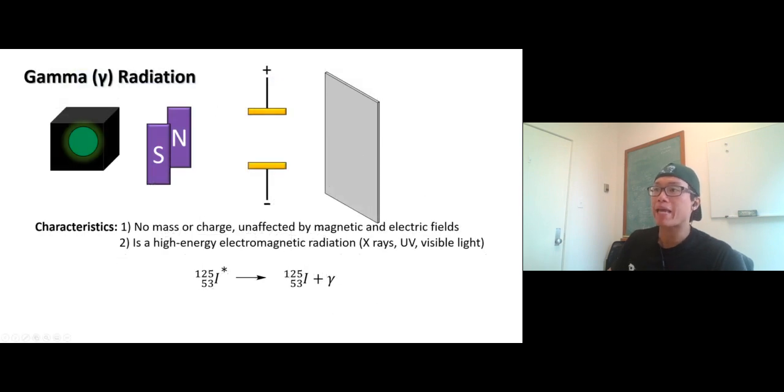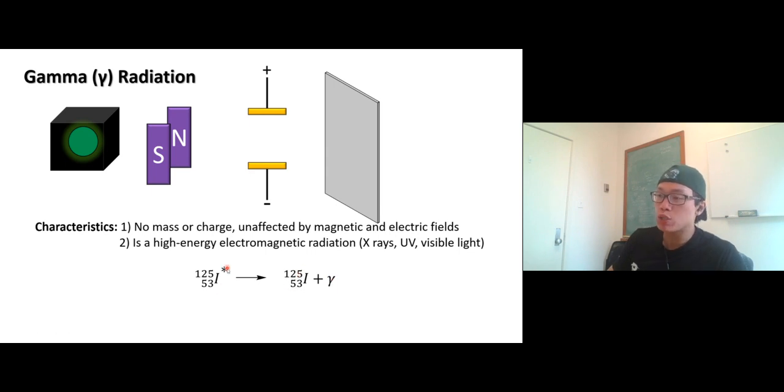One more. We have gamma radiation, which is the most powerful radiation compared to the alpha and beta radiation. This radiation has no mass or charge. This gamma is just energy coming out of the nucleus. Since it doesn't have mass or charge, gamma radiation does not affect the mass number or the atomic number.